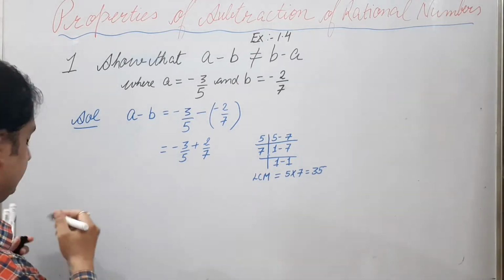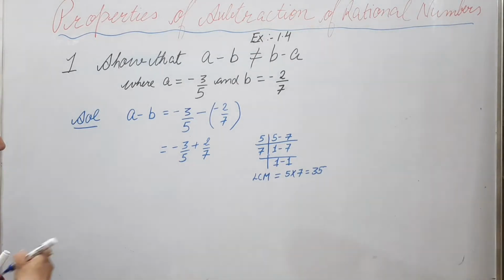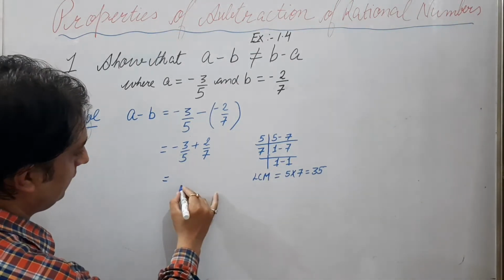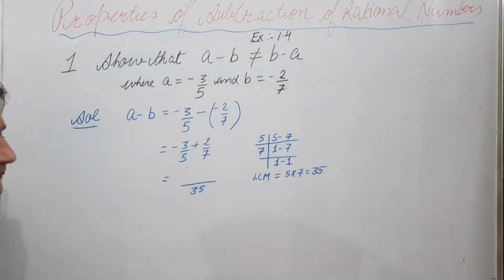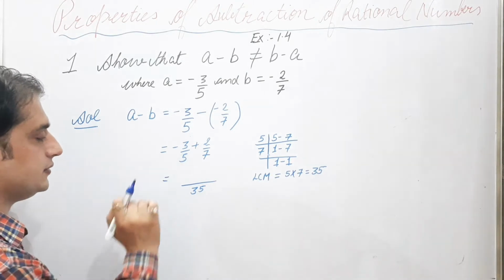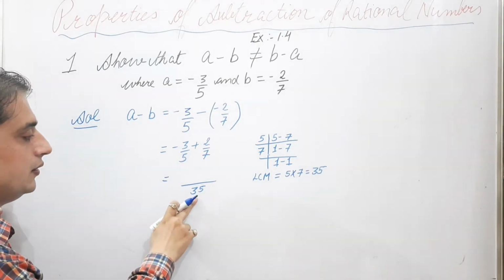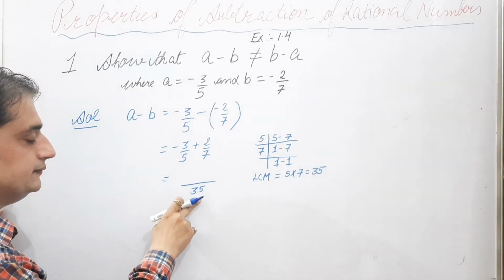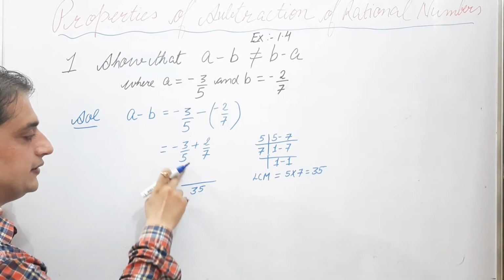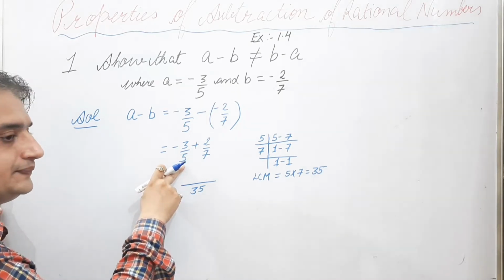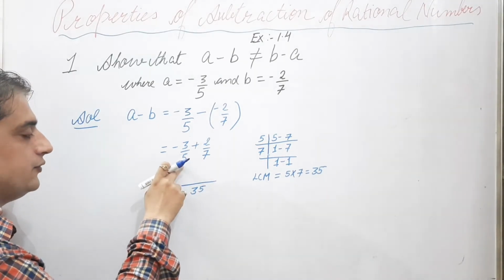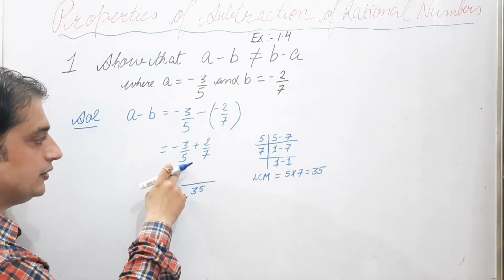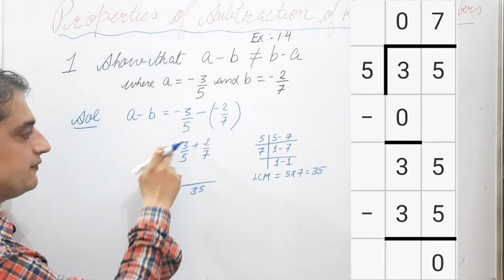If I further solve it, see here, I will write 35. The LCM, take first rational number, divide the LCM by the denominator of the first rational number. So when you divide 35 by 5, you will obtain a quotient 7, which is to be multiplied with the numerator.